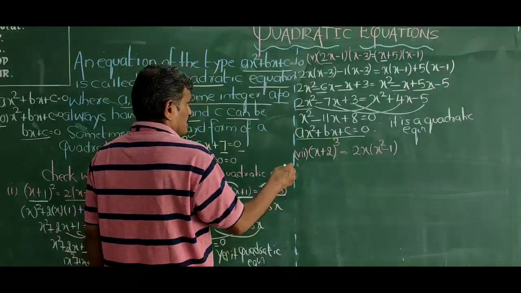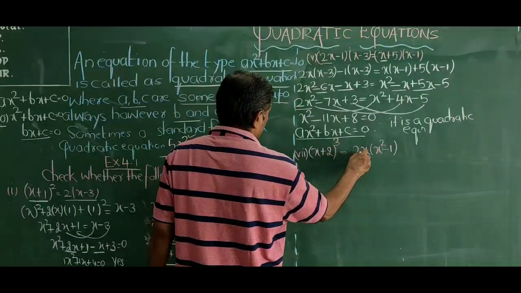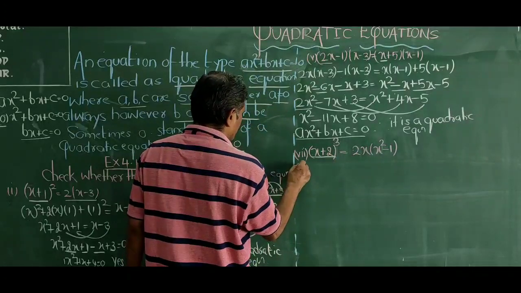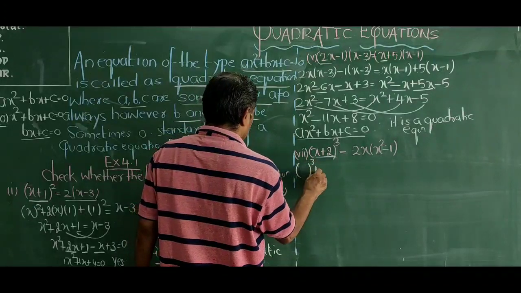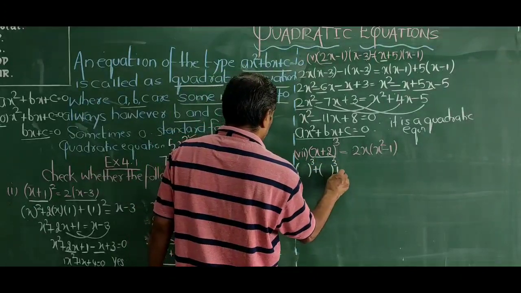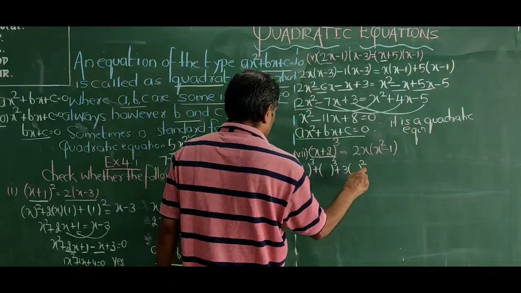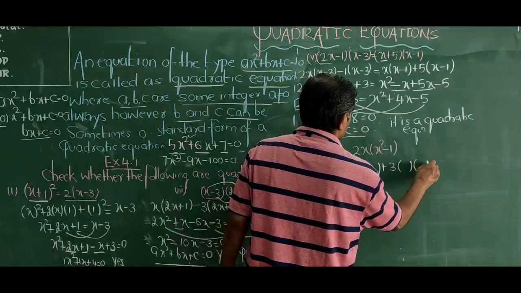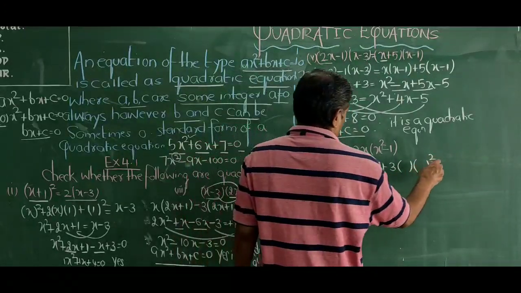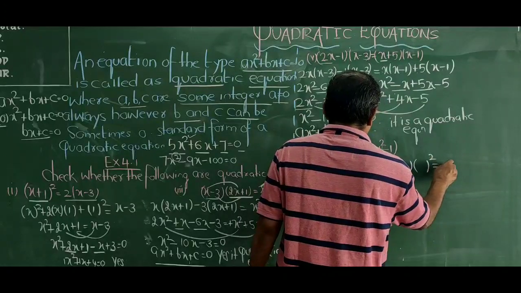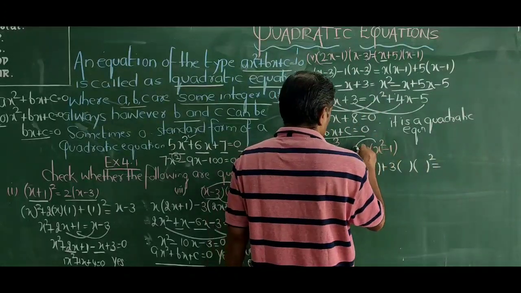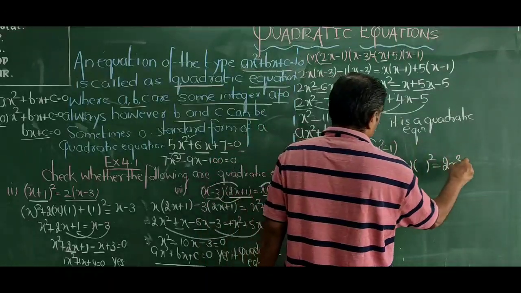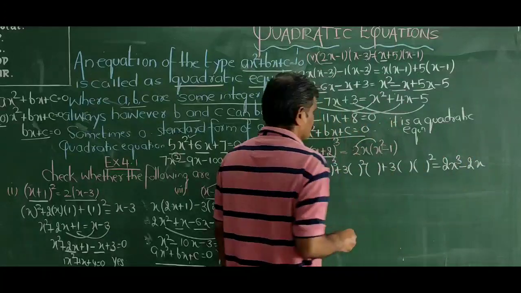Now here it is, x plus 2 whole cube is equal to 2x into bracket x square minus 1. This I can write as, this is a plus b whole cube. This is first term cube plus second term cube plus 3 into first term square into second term plus 3 into first term into second term square, is equal to, this I have to multiply here, 2x into x is 2x cube, plus into minus is minus 2x.